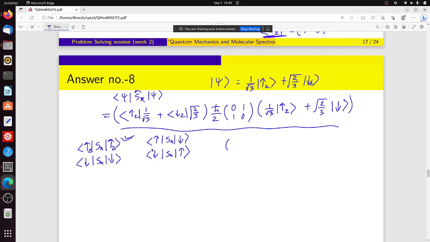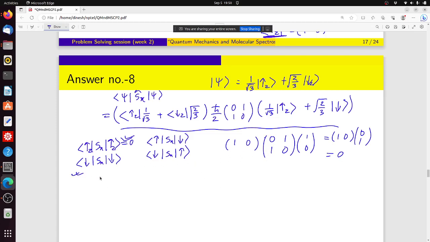The up state is a bra, right? So it will be a row vector, 1 0. Let's write the matrix only; the constant we will ignore and write later. So the matrix is 0 1 1 0. Then this ket vector will be 1 0 because it is the up state. So you have to do matrix multiplication. What is the value of this? Quickly, 1 0, then this one, 0 1, row times column, right? Then this multiplication is 0. So this first term is giving 0.